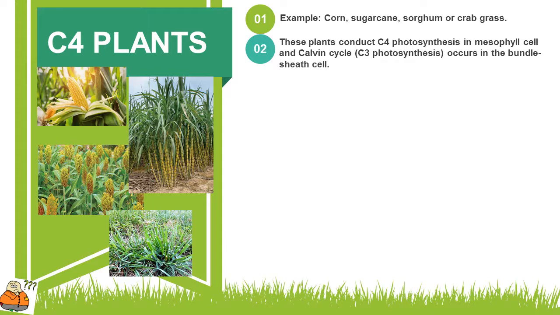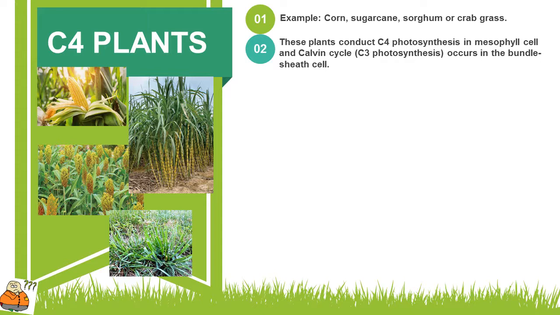Okay, it is named after the very first product produced when carbon dioxide fixation first occurs. So in a C4 plant, the very first carbon dioxide fixation will produce a 4 carbon atom molecule. Thus, this C4 plant undergoes C4 photosynthesis.